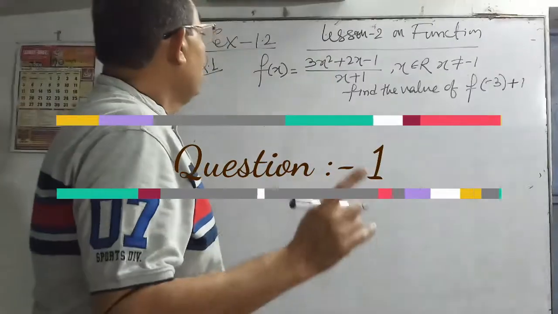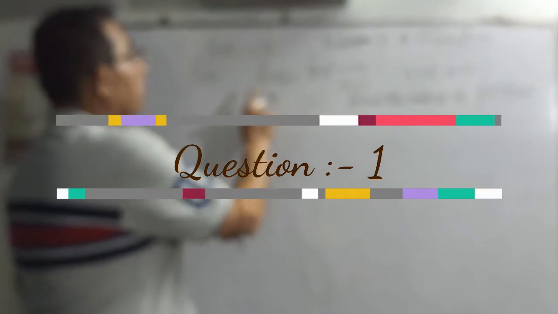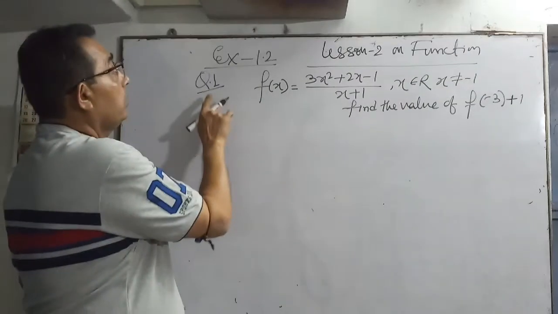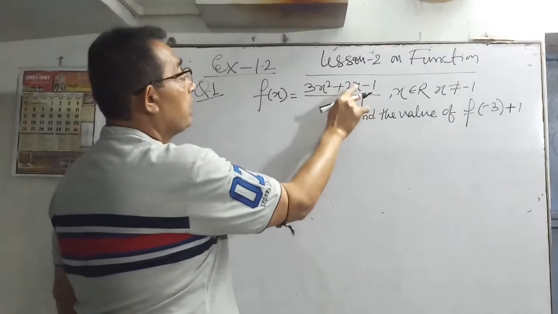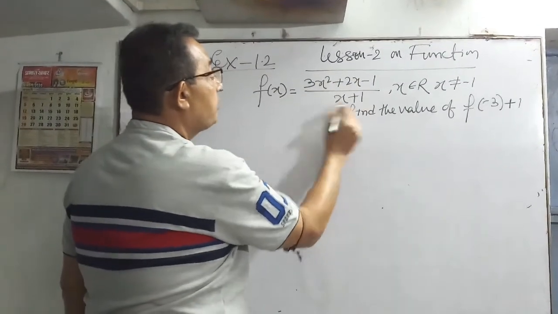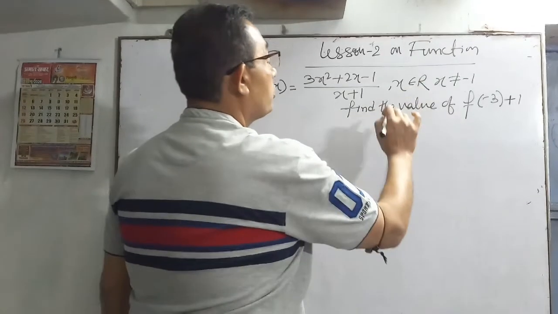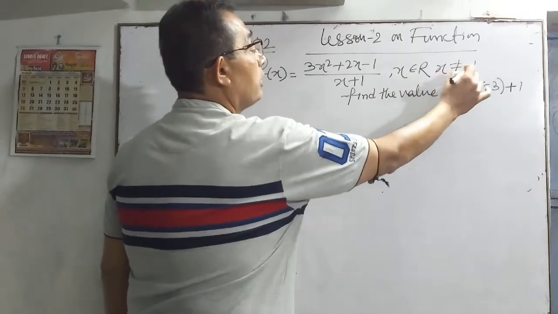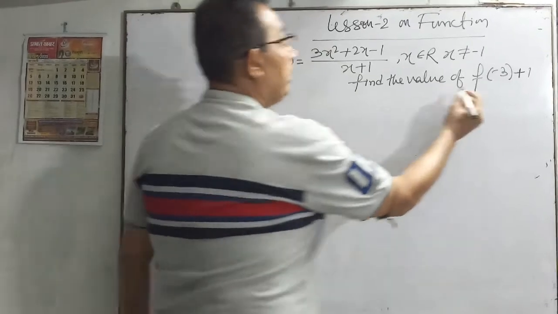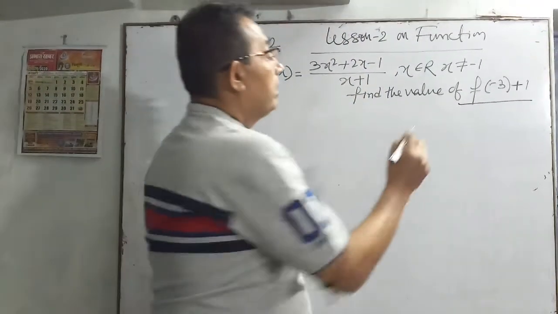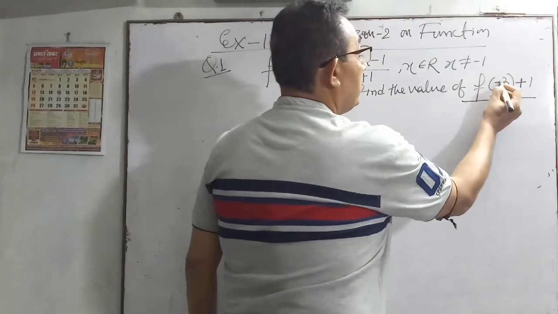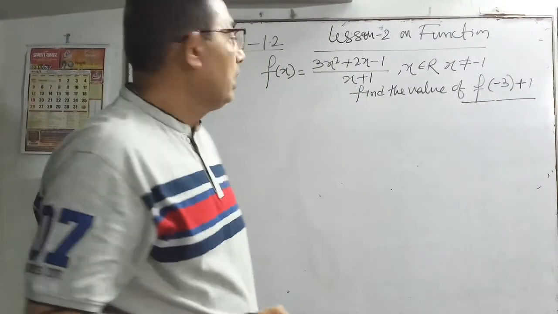You see this question, question number 1, exercise 1.2: f(x) = (3x² + 2x − 1)/(x + 1), where x belongs to real numbers, x not equal to −1. You have to find the value of f(−3) + 1.